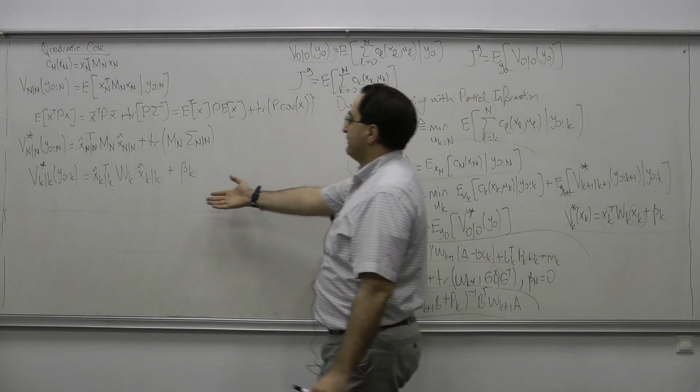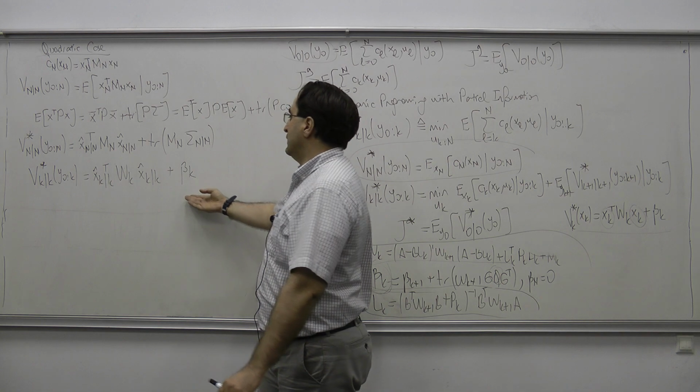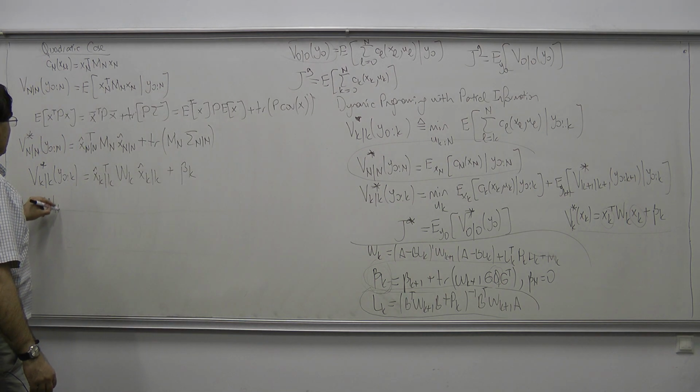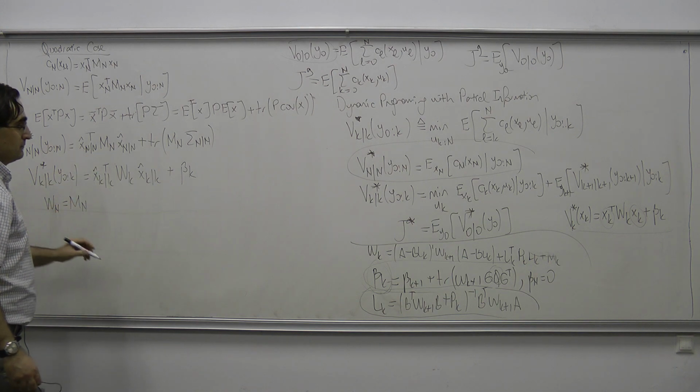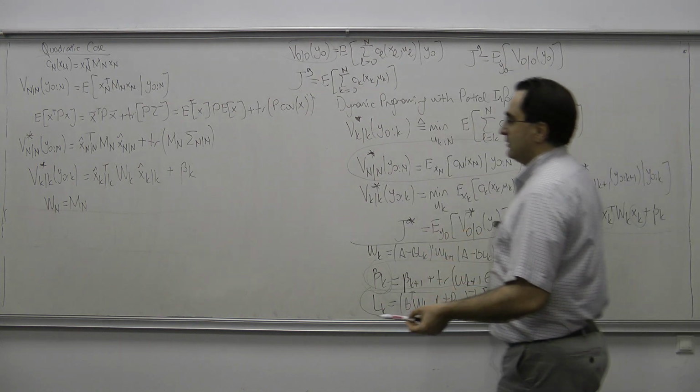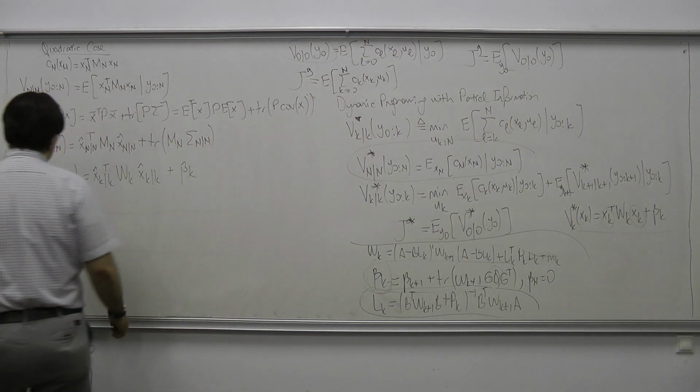So if I assume such a form, then I know what WN should be. Capital WN is going to be MN. But this was exactly what happened in the complete information case.